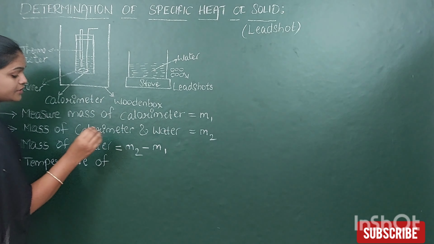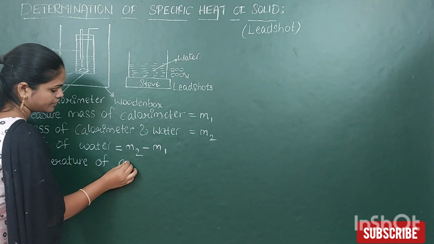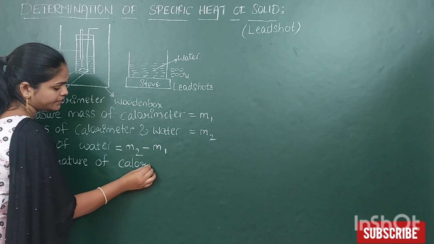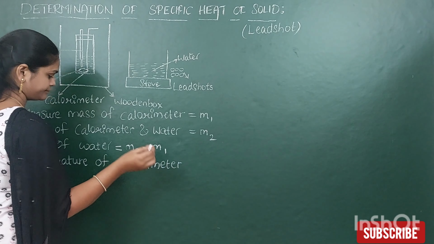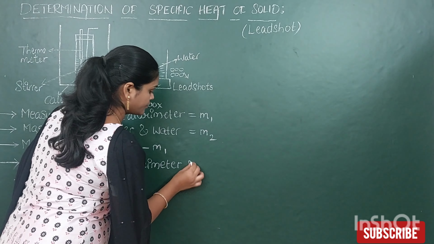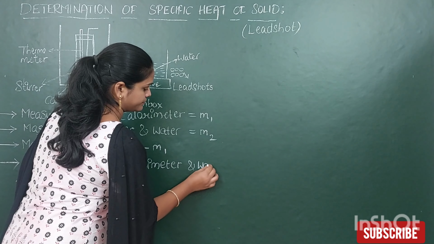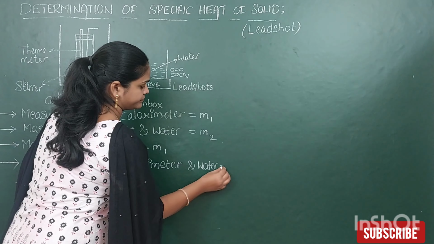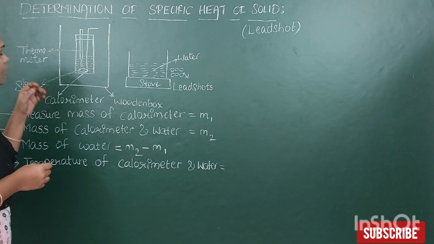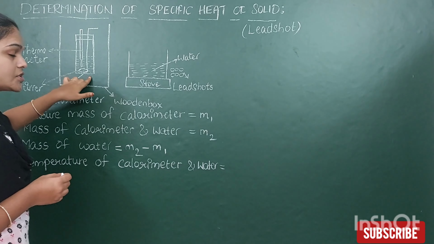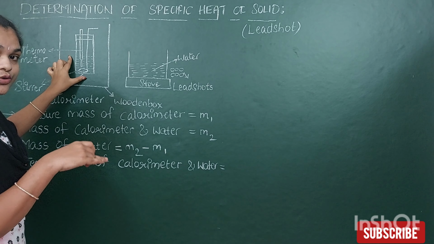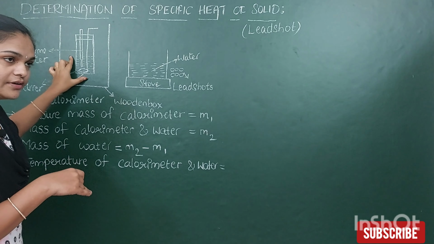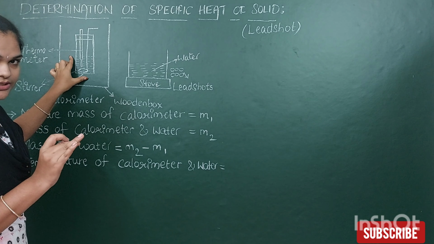So the temperature of calorimeter and water. First we took an empty calorimeter. In that calorimeter you poured some water which is at room temperature.